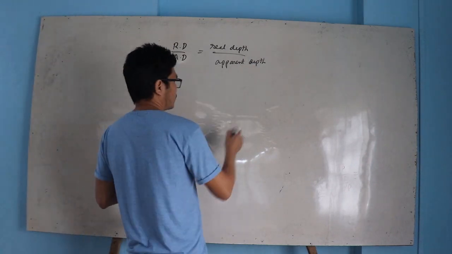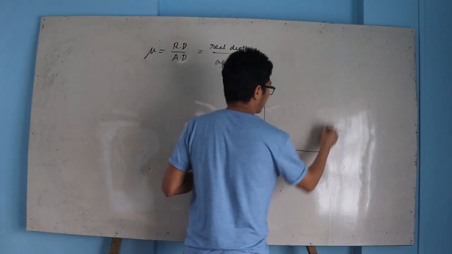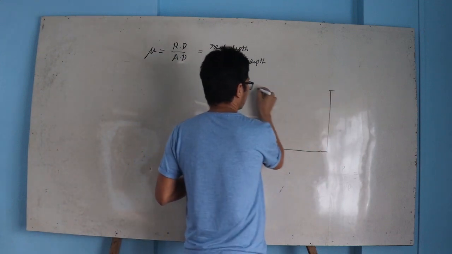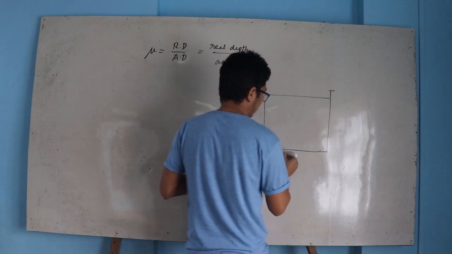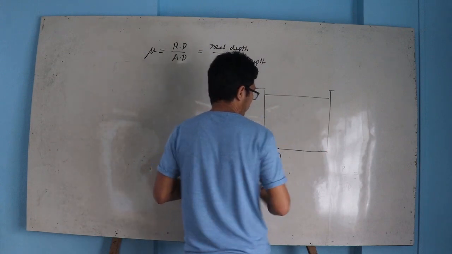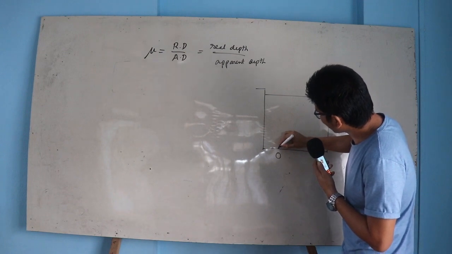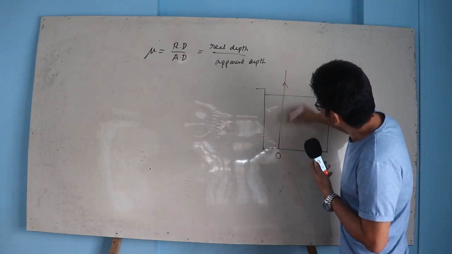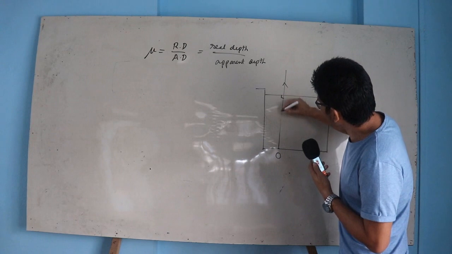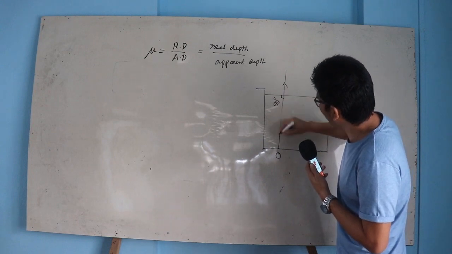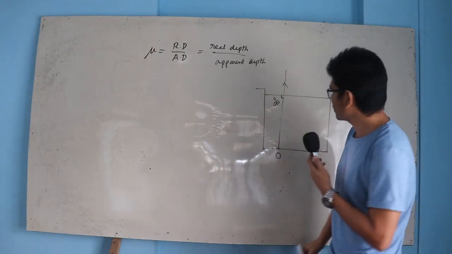To prove this one, we'll consider this diagram. This is the container. Here is the water surface, and let us say this is the object here. If light comes from the object and it falls on the surface at 90 degrees, then this simply goes straight, nothing happens.